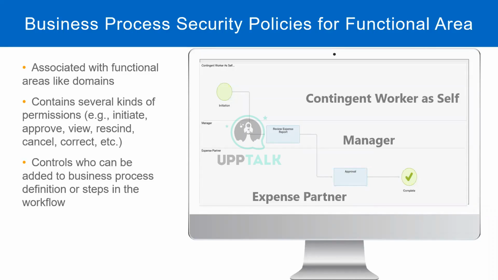Another important thing is the business process security policy also controls who can be added to the business process definition or steps in the workflow. You did your assignment 3, and when you were editing the hire business process, you remember there was a task where you went to the business process definition and you edited it.